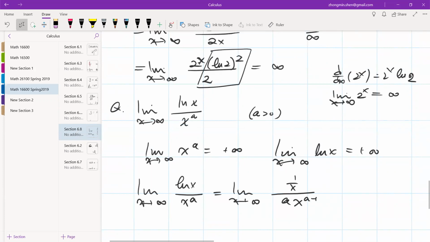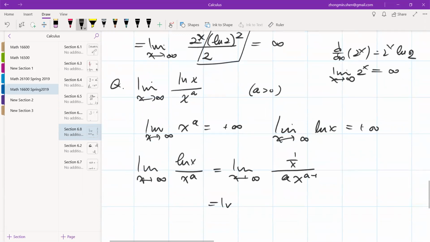It's not clearly an infinity over infinity type or 0 over 0 type. The numerator, 1 over x, approaches 0, but the denominator maybe not. So we have to simplify this. It's going to be 1 over a, and you move x down, so you get x to the a minus 1 times x. That's going to be x to the a. But clearly, this is going to be 1 over infinity type. It's going to be 0.